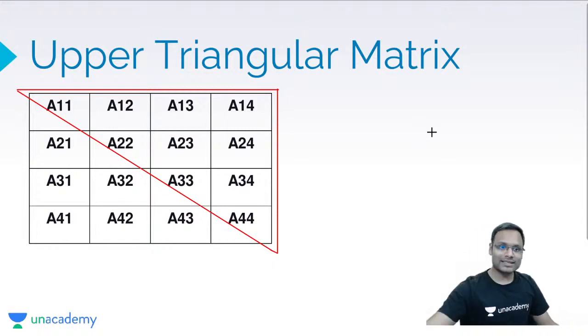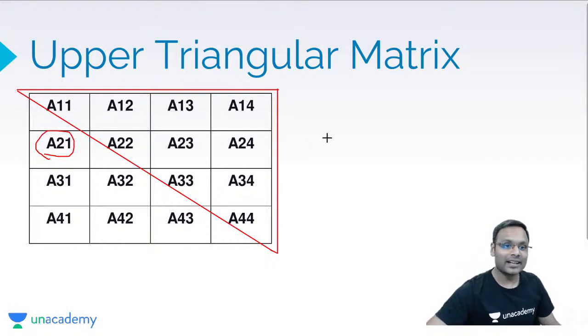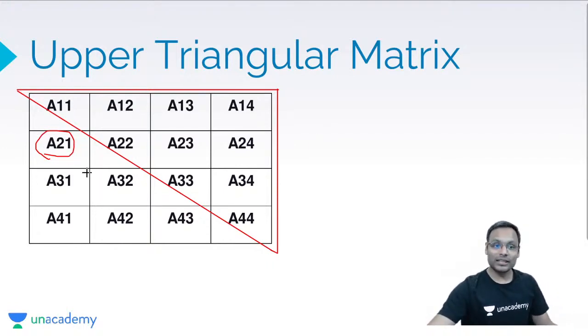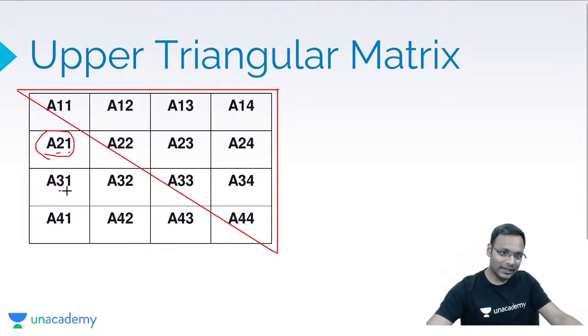So if somebody asks, can you give me the value of a of 2 1, we will say yes, it's 0. How can you say it is 0 just because it is outside my triangle? How can you detect that this is outside my triangle? It's very simple. When I is greater than j, you can see I is greater than j, greater than j, greater than j.